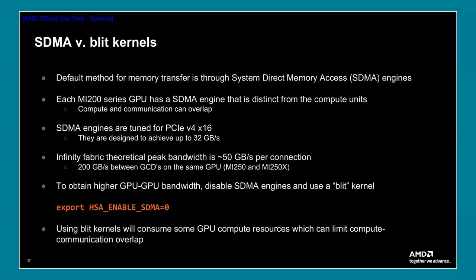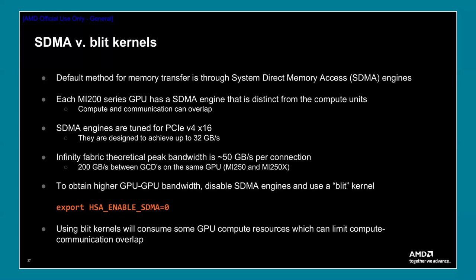However, the SDMA engines are specifically tuned for PCIe v4 16 lane. And so they're really designed to achieve bandwidth of like 32 gigs per second, or 64 gigs per second bidirectional. But Infinity Fabric can go much higher than that.